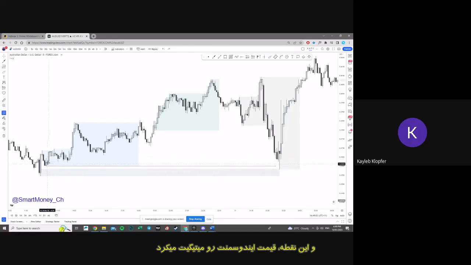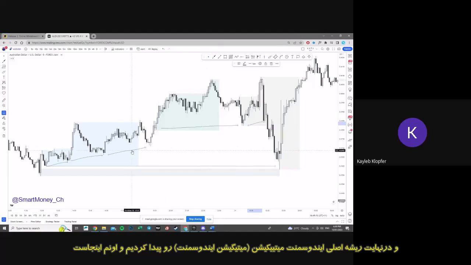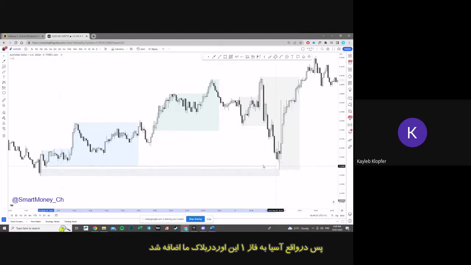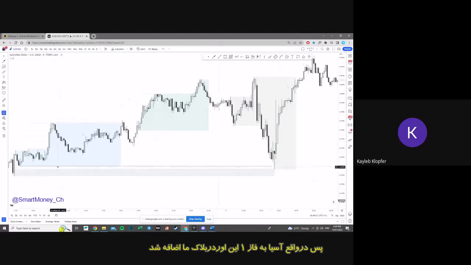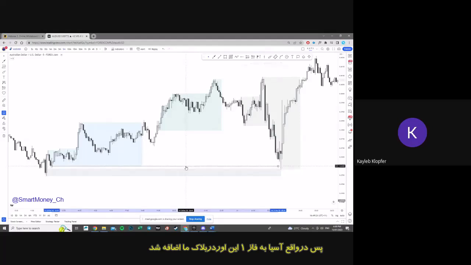So from this point, we mitigated inducement, and that's our mitigation inducement for our potential phase one. This mitigated to here, and essentially we find the root of our mitigation inducement. The root of our mitigation inducement is this level here. So essentially, Asia added to our phase one of this order block.